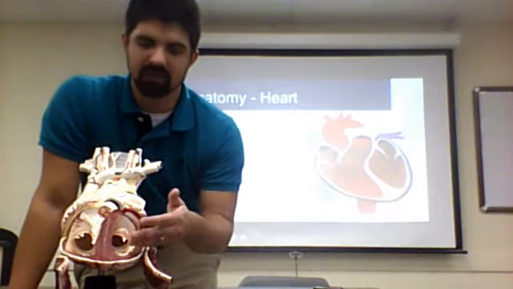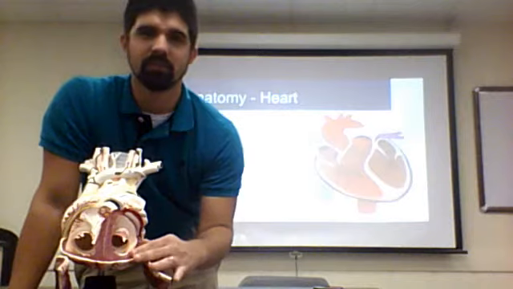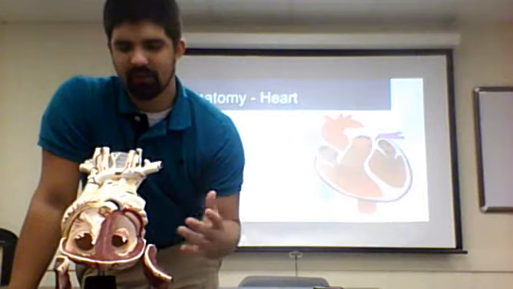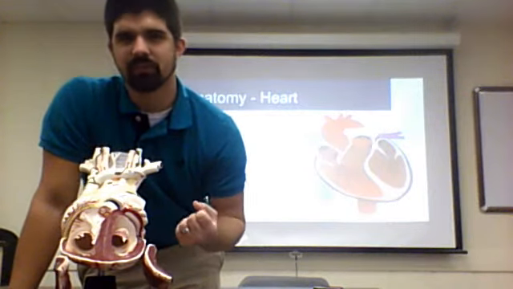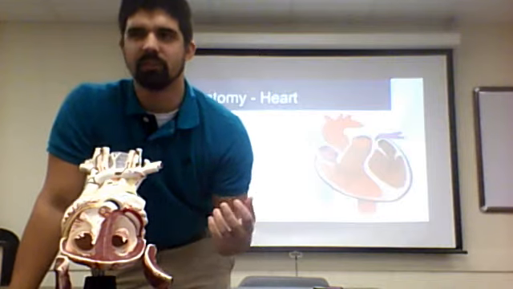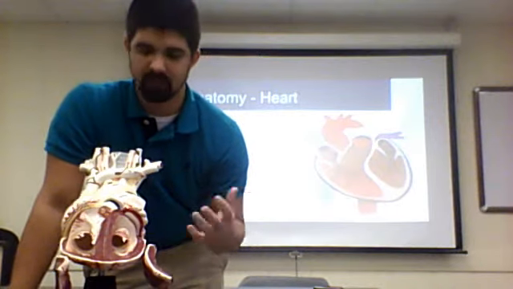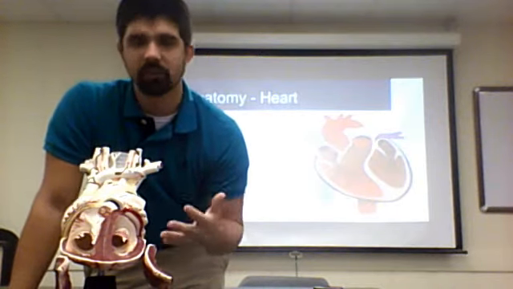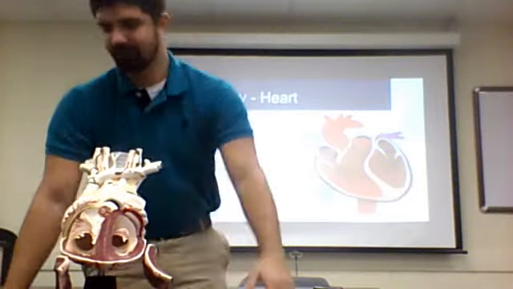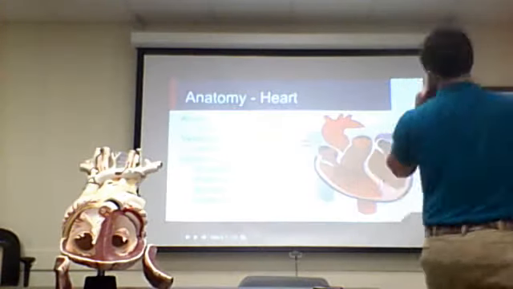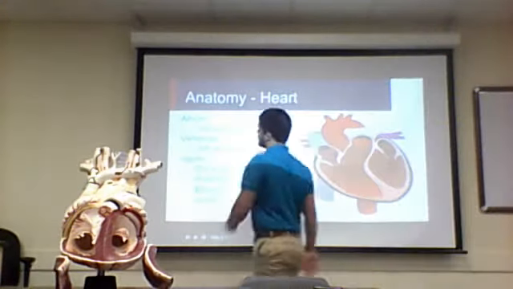So it's the bicuspid into the left ventricle, and the left ventricle is going to contract, and we want to send blood through the whole body, which goes through the aorta. So we're going to go out the aortic valve. Alright, and that's the basics of the valves.